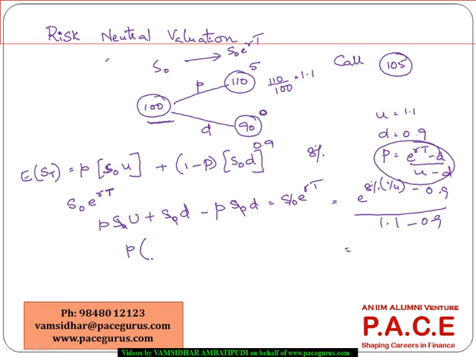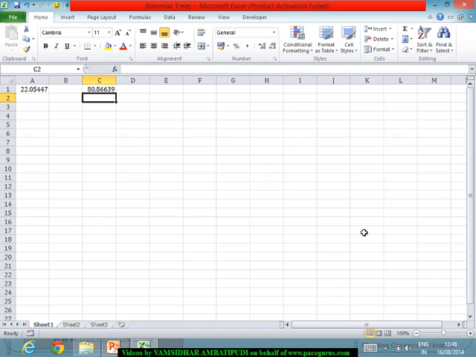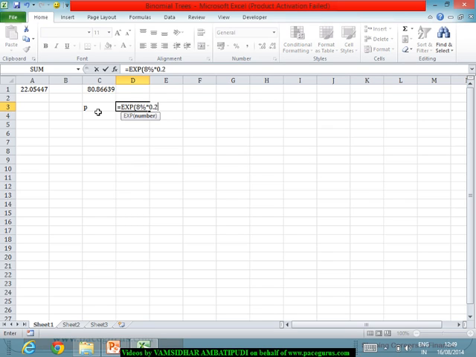So I'll take it as P times U minus D equal to e power RT minus D. So from here I got the value of P as e power RT minus D by U minus D. So applying the same here, the probability of upward movement is coming out as e power RT minus D, and this entire thing I am dividing by U minus D, 1.1 minus 0.9.